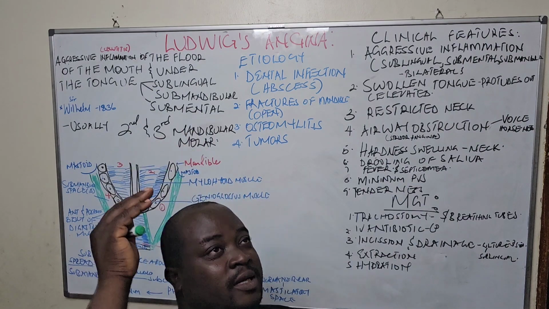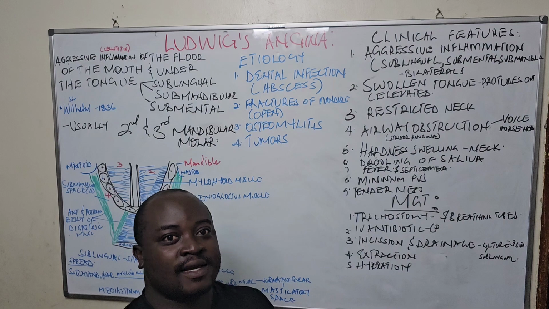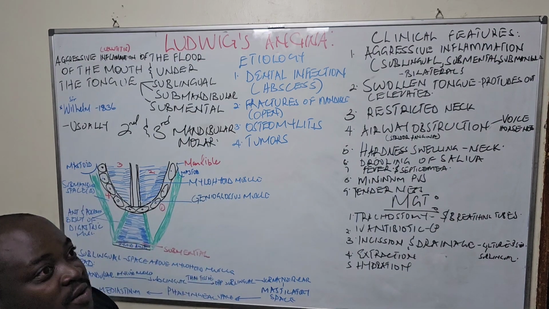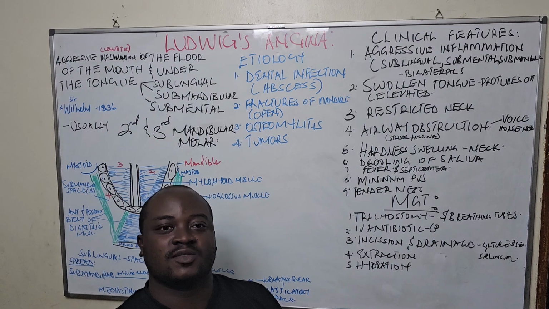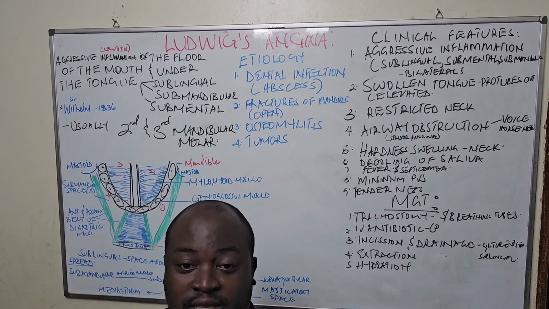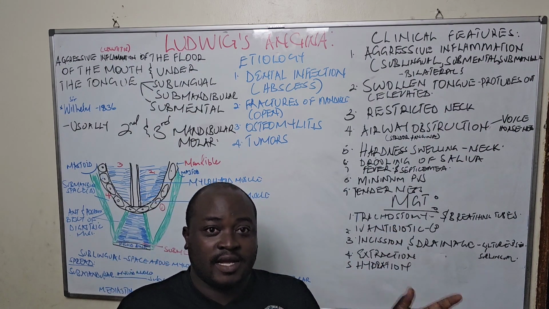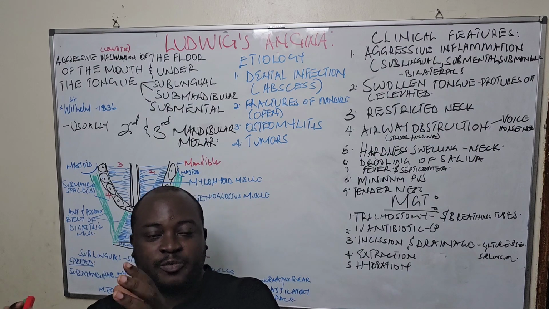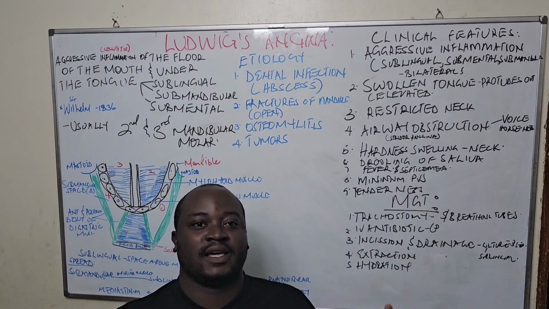Today we are going to talk about Ludwig's angina. Ludwig's angina is one of the life-threatening conditions in dentistry. First of all, we shall remind you that there are very many ways how bacteria or infection can spread from one place of the body to the other, or from one tissue of the body to the other.